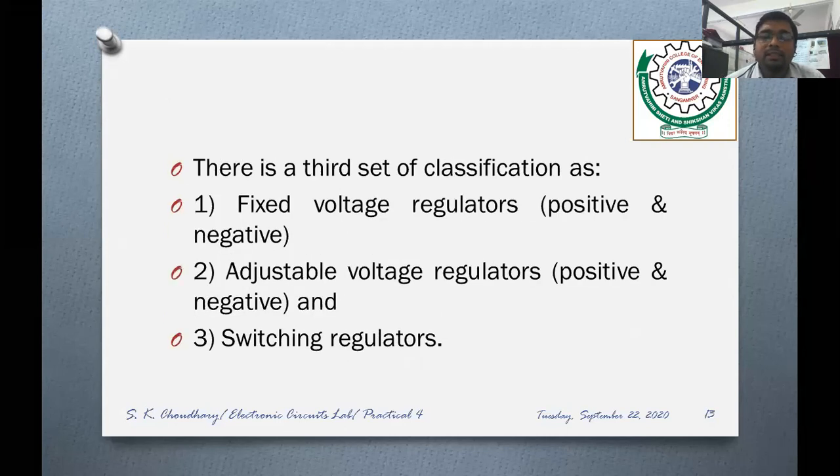So if you broadly classify the voltage regulators, there are 3 categories. Actually 2, linear and switching, but you can further classify the linear as a fixed voltage regulator and the adjustable voltage regulator. And then the third one is the switching regulators.